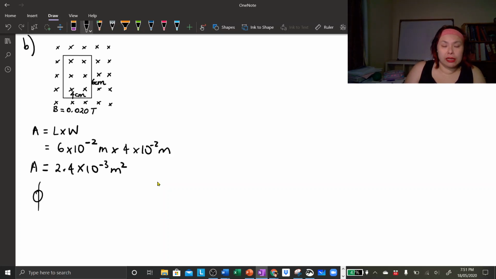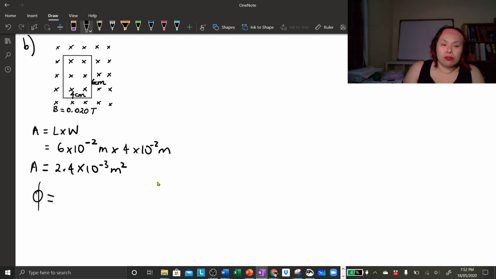Now we can calculate our magnetic flux. The first thing we need to look at is, is it perpendicular? Like, is the area that it's going through and the magnetic field, are they perpendicular to each other?